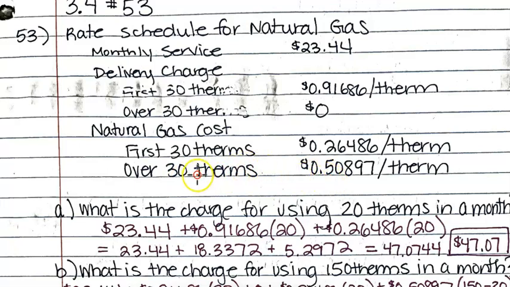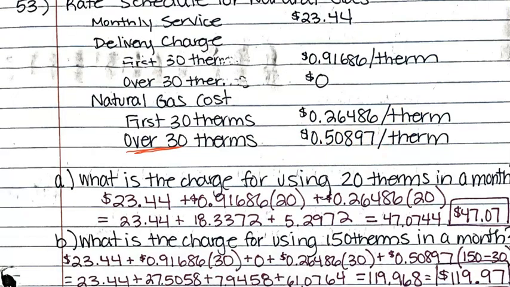Now, again, remember, like I explained in class, this is for the over 30. You are still being charged this lower rate for the first 30. So if you use 40, the first 30 of them are charged at the lower rate, the additional 10 at the higher rate. So that's how that works.